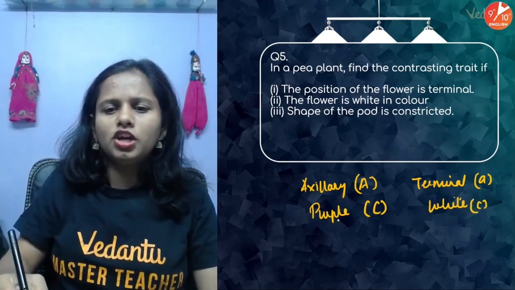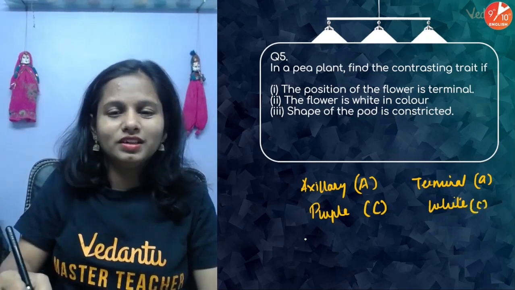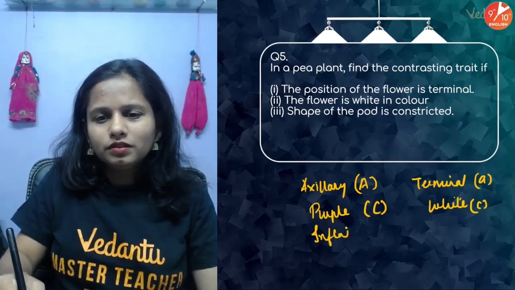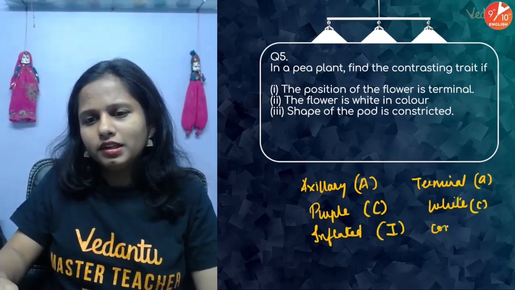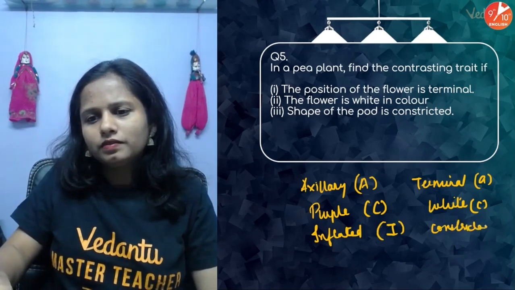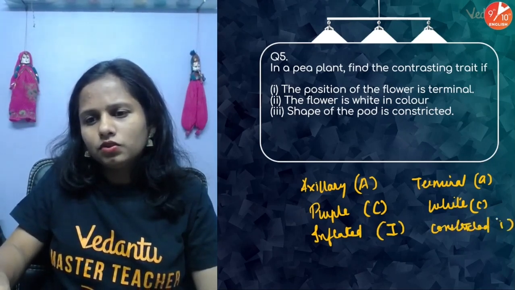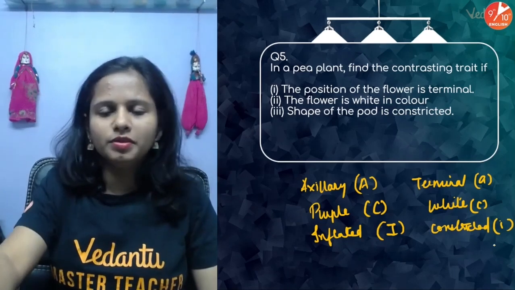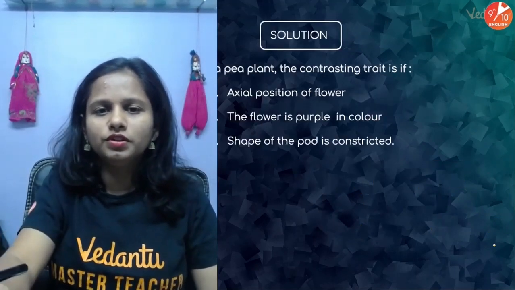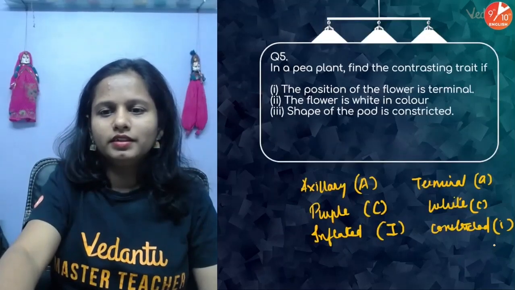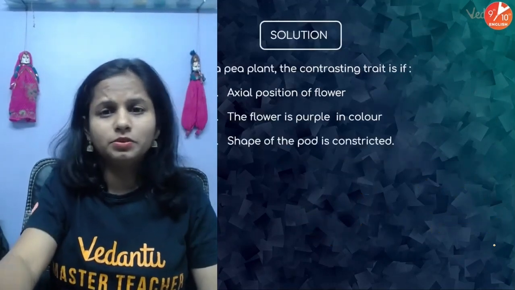The shape of the pod can be inflated or it can be constricted. So this is how you have to mention it. That's all written over here, and it's absolutely the same thing.